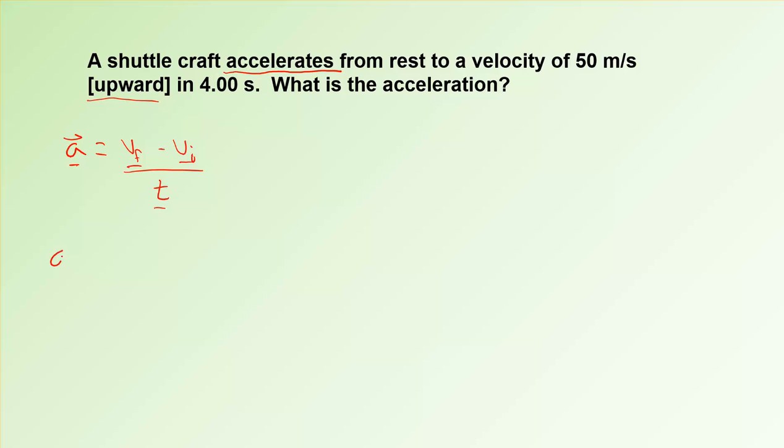So I write down all four of those things: acceleration, VF, VI, and t. Then I look back to my question and ask, what do I actually have? It's asking what is the acceleration, so that's my question mark. I don't know that; it's the one I'm trying to figure out.